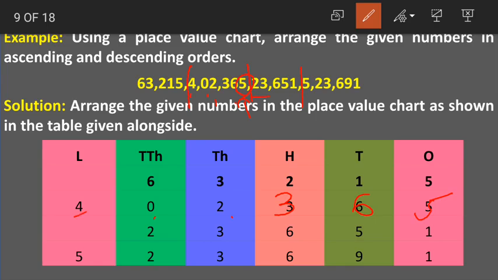In the same way, 23,651. First 1. Write 1. Then 5, 6, 3 and 2. Okay, children? And the last number, 5,23,691. 1, 9, 6, 3, 2 and 5 in the lakhs place.